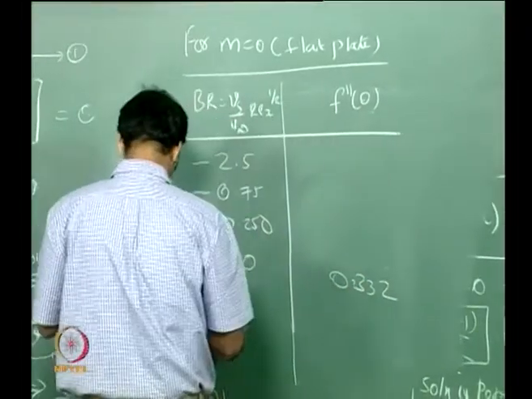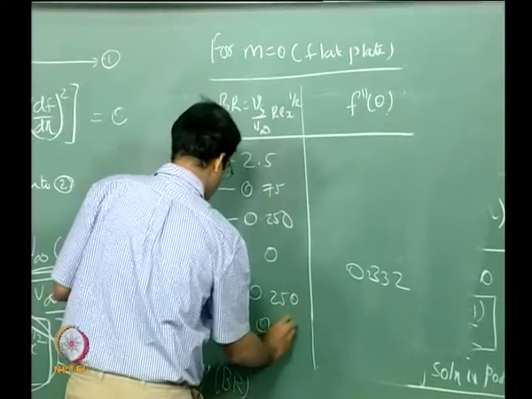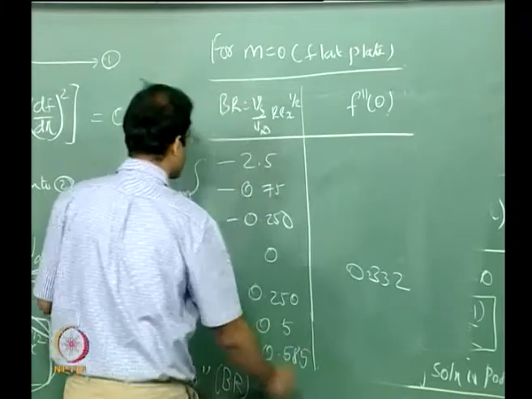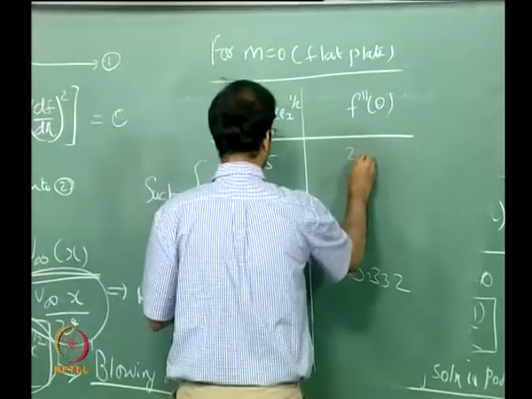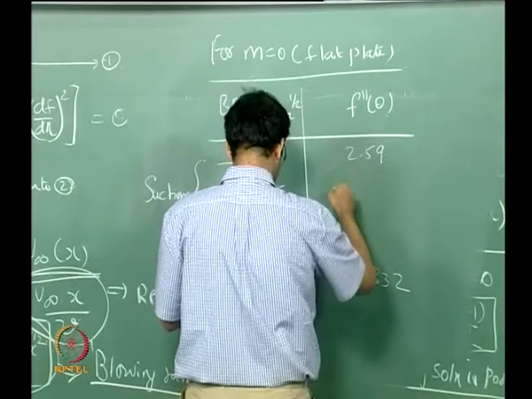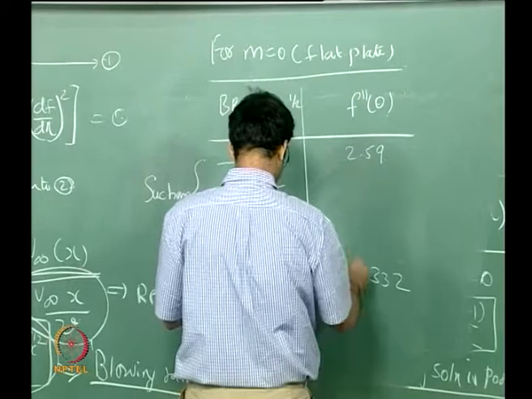So for 0.25, then 0.5, 0.585, okay, this is like 2.59. So you can see the curvature increases with suction and actually decreases with blowing.